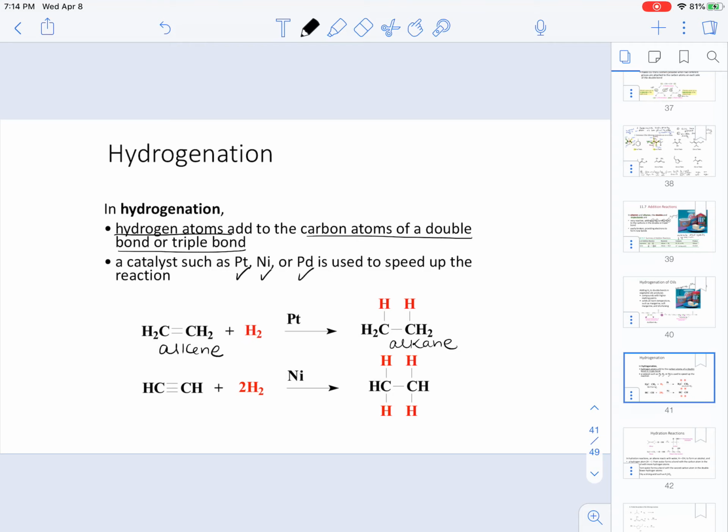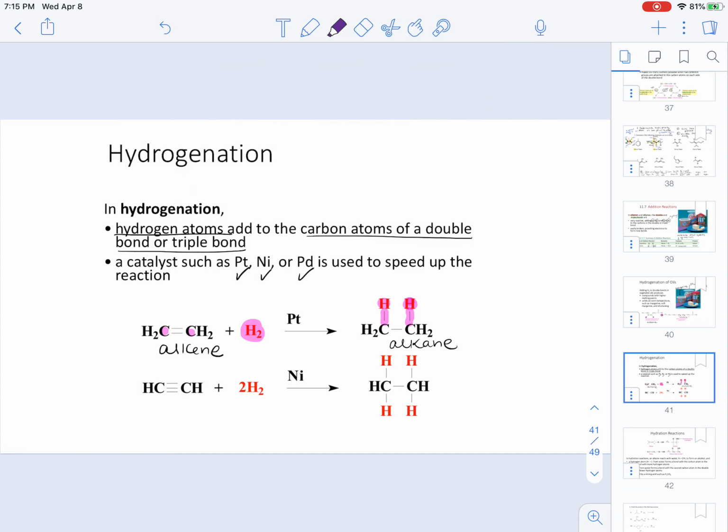Because as I mentioned before, if I highlight the atoms, each carbon that is part of the carbon-carbon double bond in this hydrogenation reaction, basically we are going to erase the carbon-carbon double bond, and in its place we are going to create a brand new bond to hydrogen. And those hydrogens come from the H2 molecule that we're reacting the reactant with.